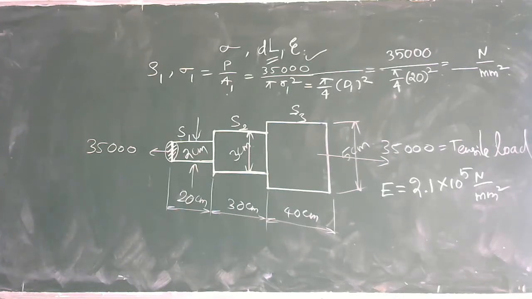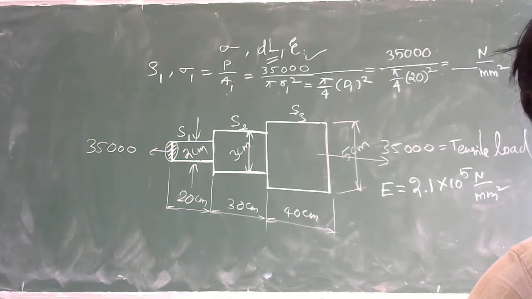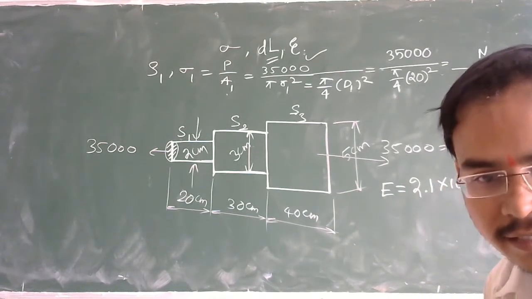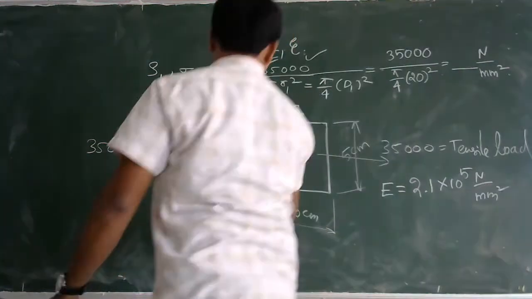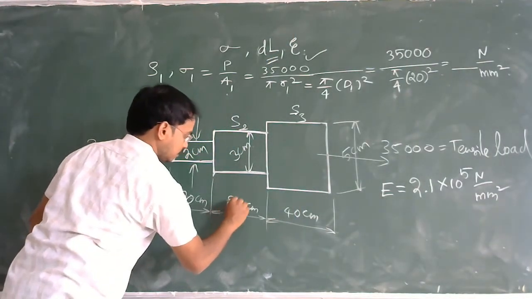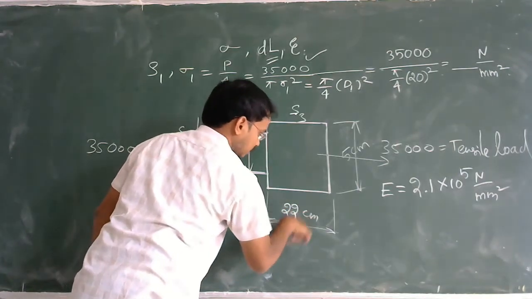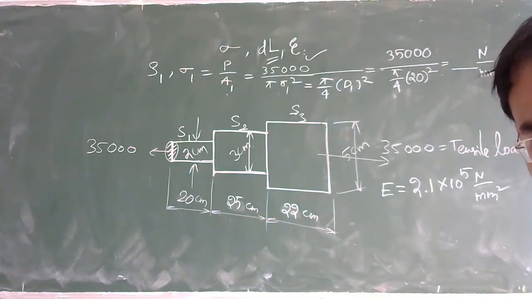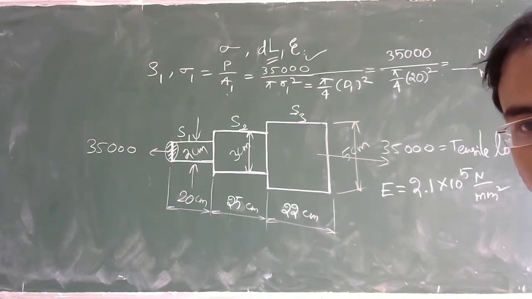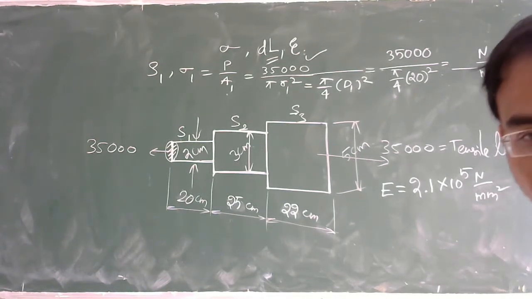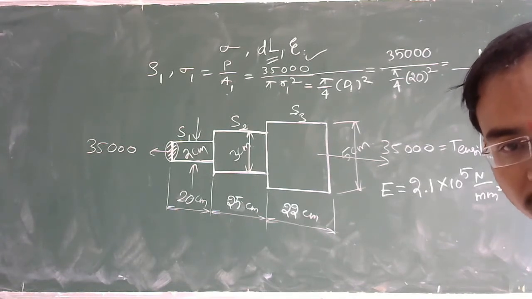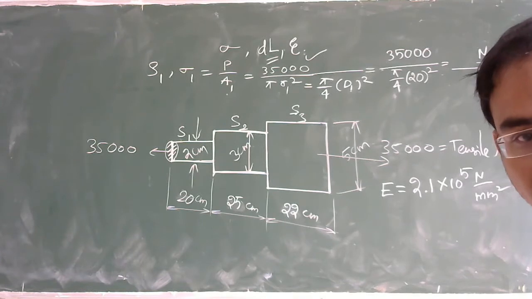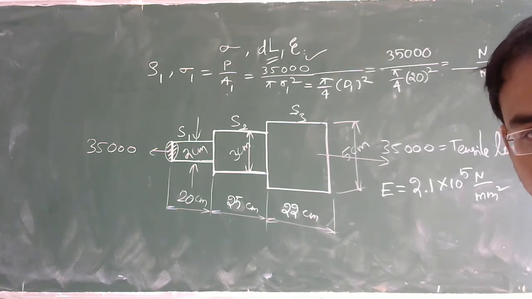So we need to determine stress and total extension in the bar. And the lengths are given as 25 and 22 here. This is 25 and this is 22, 25 and 22 centimeters. So this is the problem. You should find out sigma 1, sigma 2, sigma 3 and dL, the change in length.